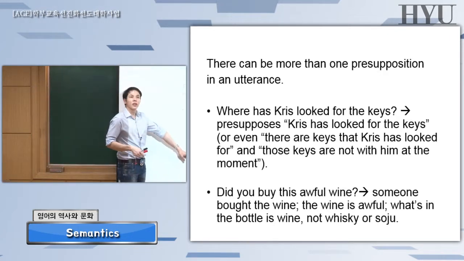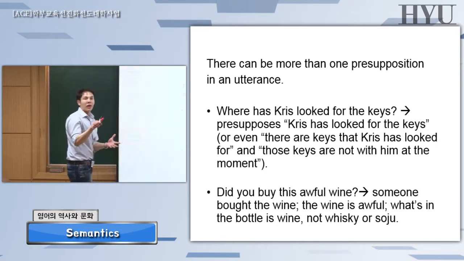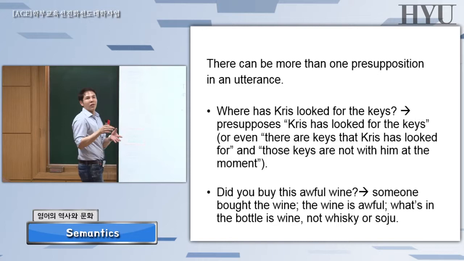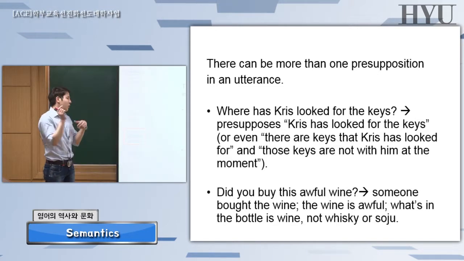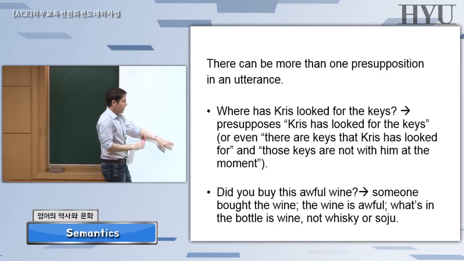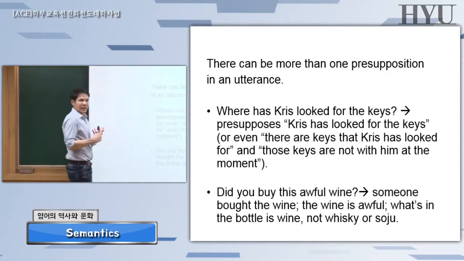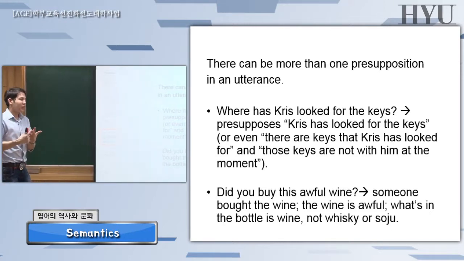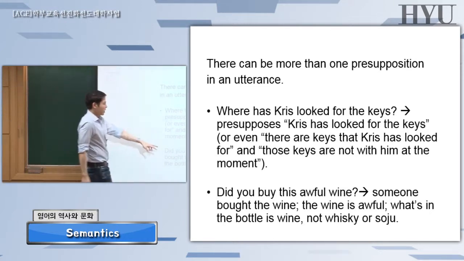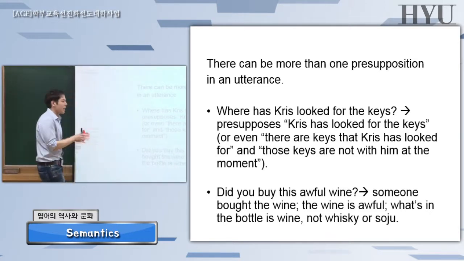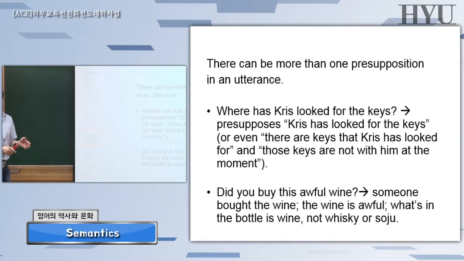Someone bought the wine, you or not you is a different matter. So there exists someone who bought the wine. But there must exist that person, and the wine must exist, and the wine must be awful, because you see the determiner, this awful wine.